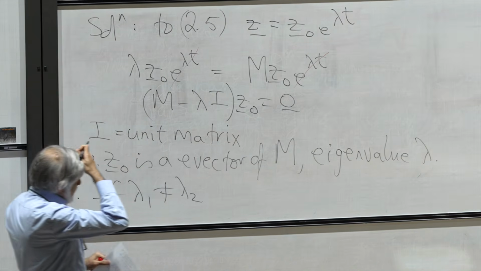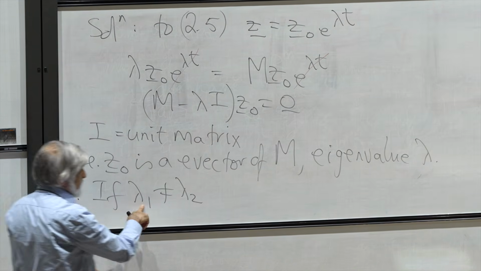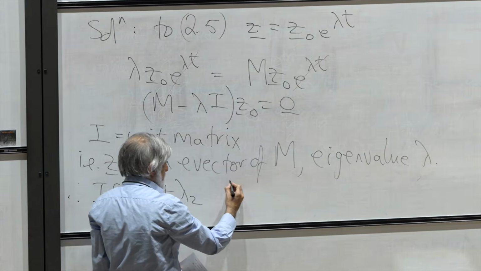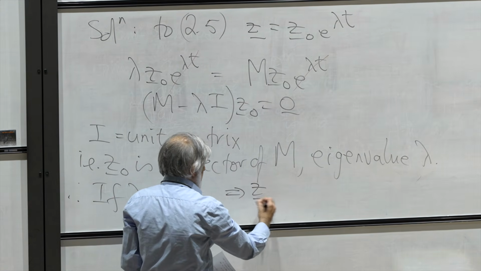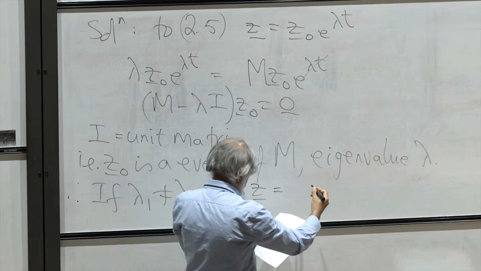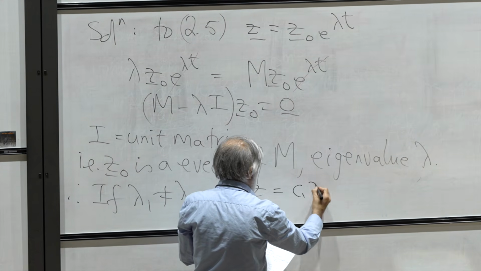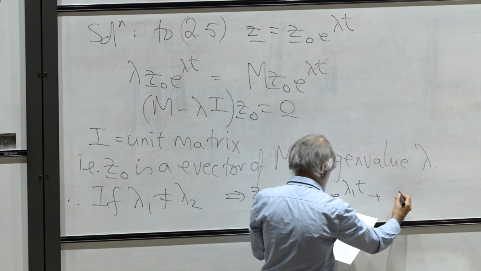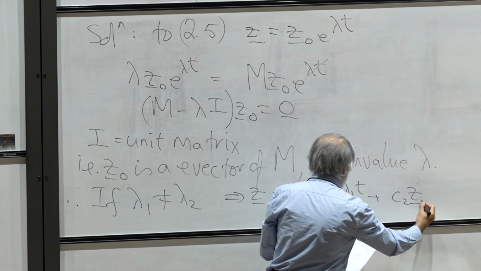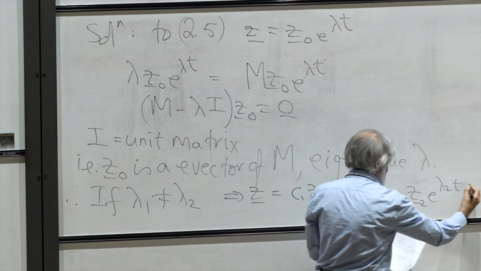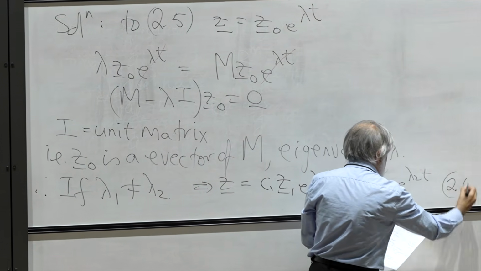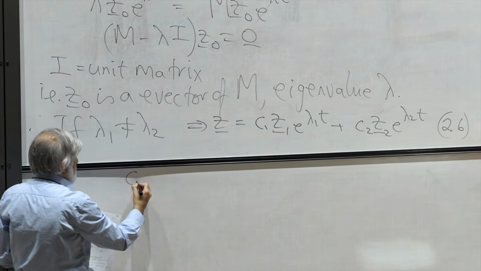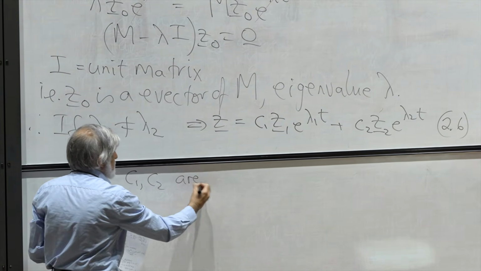So if the eigenvalues are different to each other, then the solution z will be some constant c1 z1 e to the lambda 1 t plus some constant c2 z2 e to the lambda 2 t, where c1, c2 are constants.